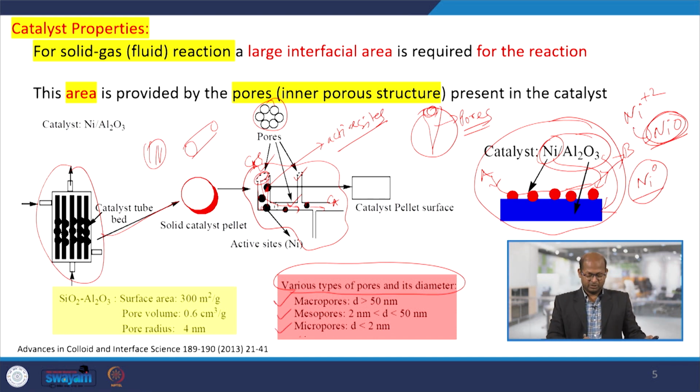If the pore diameter is very small, less than 2 nanometers, it is called micropores; if it is 2 to 50 nanometers, it is called mesopores; and if it is more than that, it is called macropores, available inside the catalyst.